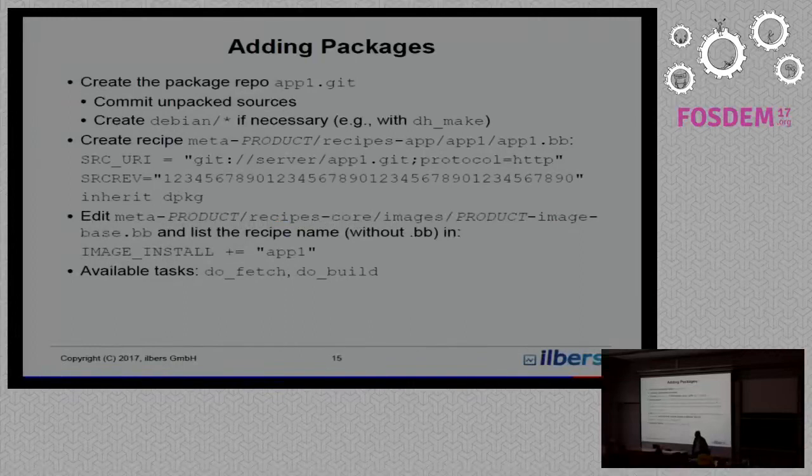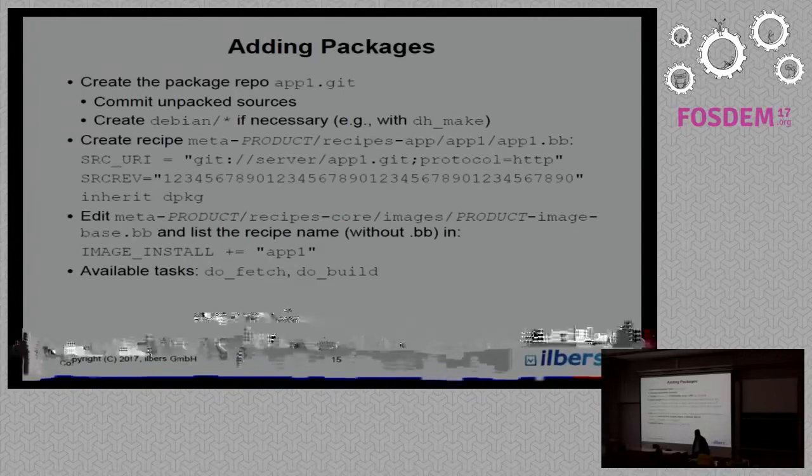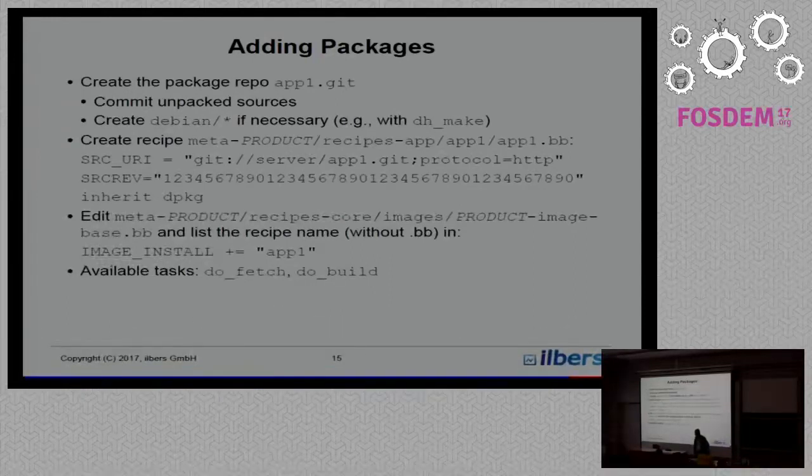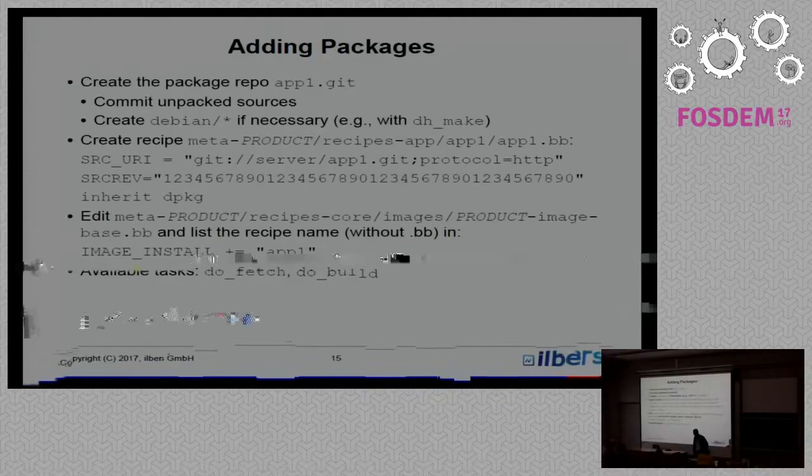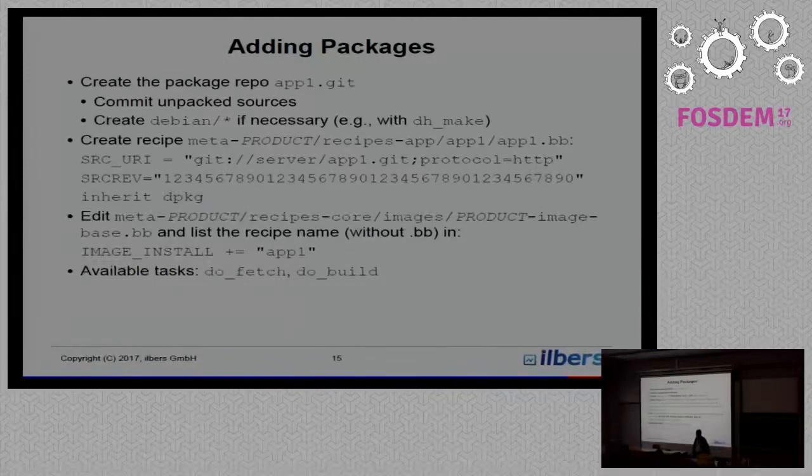For now, we have to list the dependencies of Debian packages here in the recipe again, but we are looking for solutions for how we can add building DSC files directly from a Yocto, from a BitBake backend. And finally, you have to add your application package name to image install in your image definition file.